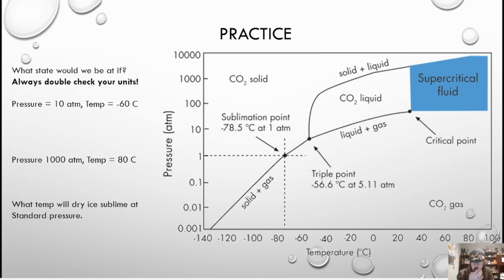But in general, we may be required to analyze a chart like this. So, when in doubt, check your units. The units on the chart may be different. Temperature may be in Celsius, it may be in Kelvin.